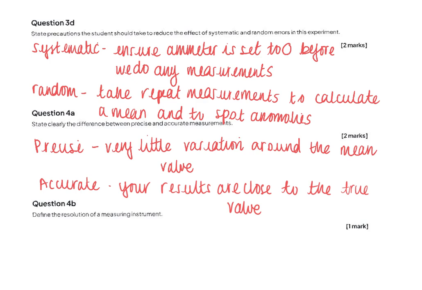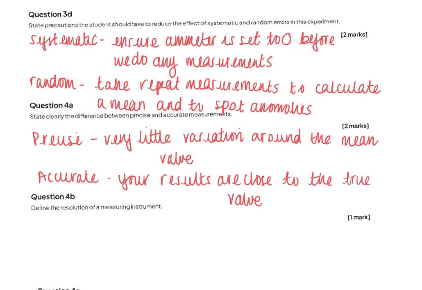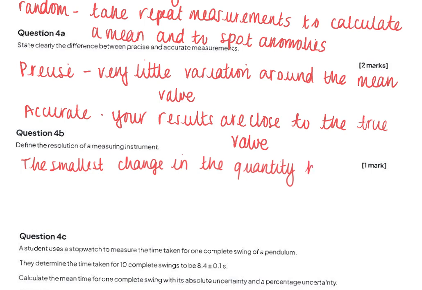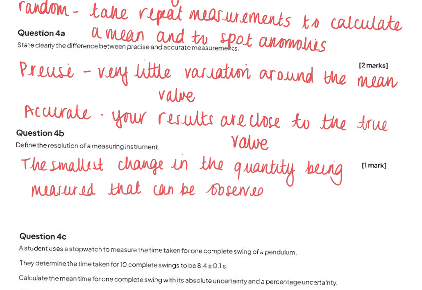Question 4b. Define the resolution of a measuring instrument. So you've got a nice definition for this written in your class booklet. It is the smallest change in the quantity being measured that can be observed.